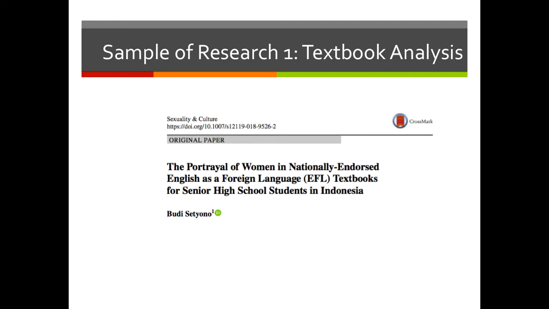It is about the portrayal of women in a nationally endorsed English as a foreign language textbook for senior high school students. This is a book recommended by the government. What is to be analyzed is the portrayal of women, how the textbook defines women.